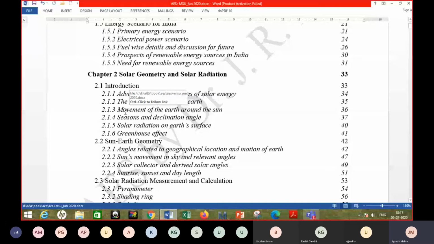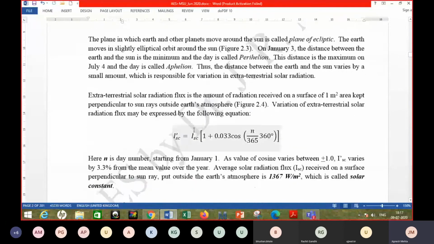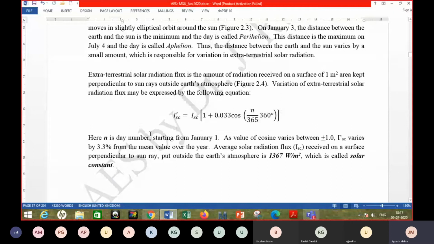Yeah. So let's start talking about the movement of the Earth around the Sun. This part was covered. Like, this is the equation about the extraterrestrial solar radiation, right?